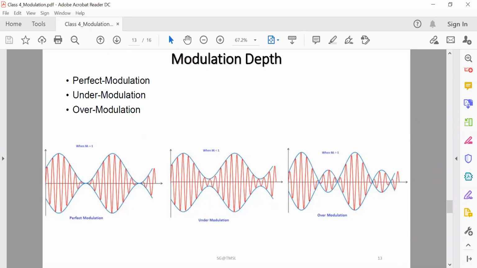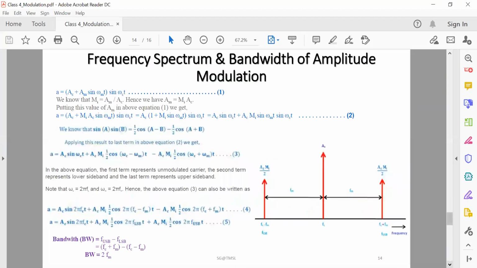Now, if we consider the frequency spectrum, how can we get this frequency spectrum using the previous equation, which is the general equation of amplitude modulation wave equals AC plus AM sin omega mt, sin omega ct, where we can say that the modulation index mi is AM by AC, and hence we can calculate AM is equal to mi into AC.